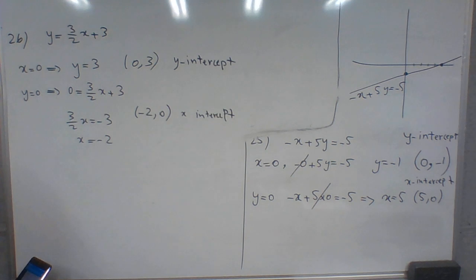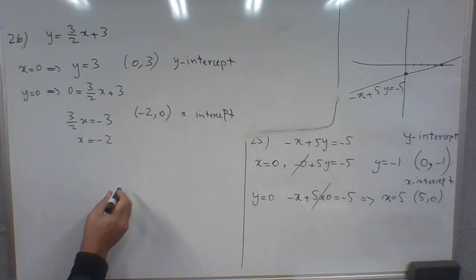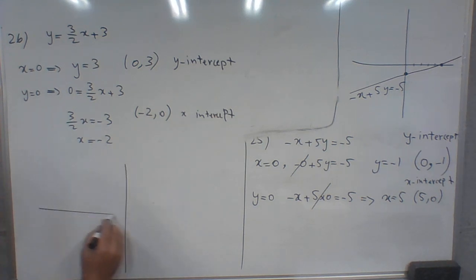Now we want to graph this line. So we have 2 points. By 2 points we can draw a line, 0 and 3. So no left or right, just 3 units up.